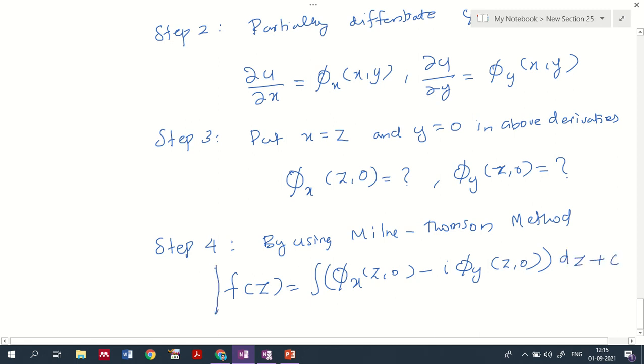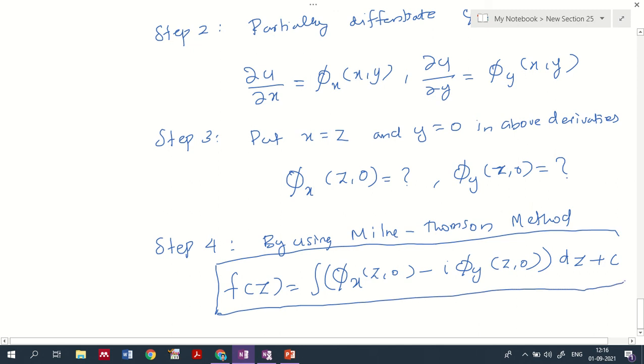So this will be your corresponding function for that.